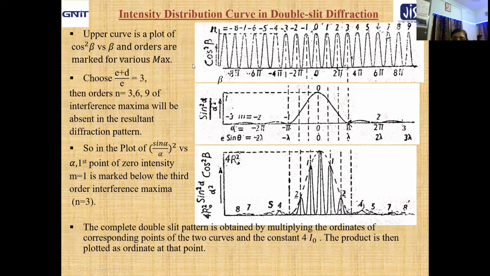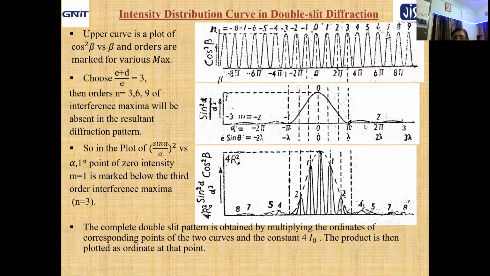Now, with respect to these, what about the difference here? This is the case with interference only. This is the case with single slit diffraction only. But this is the combination of both in the form of double slit diffraction. Here, what is the maximum intensity? 4 times the intensity due to single slit diffraction, in the region normally occupied by single slit diffraction maxima. Here we have equally spaced number of alternate interference maxima and minima.